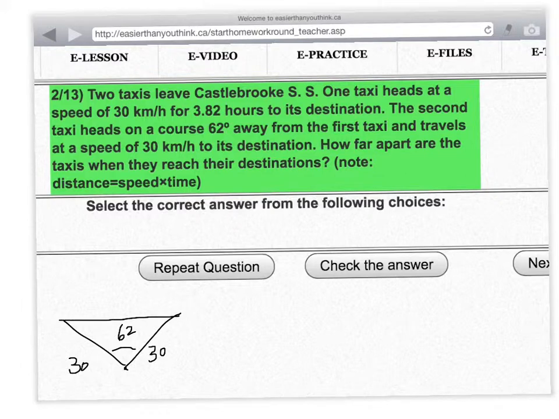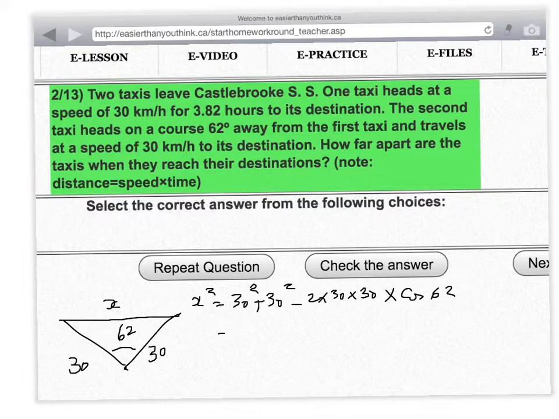I have two sides and an angle between them, so I can use the cosine law. So if this is x, x squared is equal to 30 squared plus 30 squared minus 2 times 30 times 30 times the cos of the angle between them, which is 62. Now, again, I'm not going to do the computation.